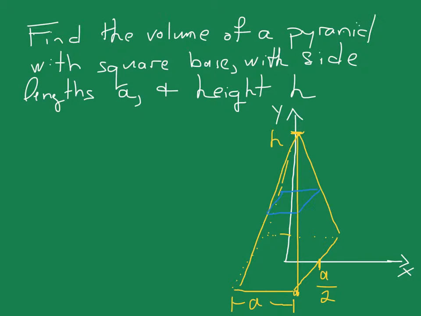Okay, so this would be a slice taken here at y. Okay, so what do we need to do? Well, we need to find the area of this slice so that we can then thicken it up, multiply by dy to give us a volume of a square slab at y, and then we'll add up all those volumes of the square slabs, one for each y. In other words, we'll integrate from 0 to h.